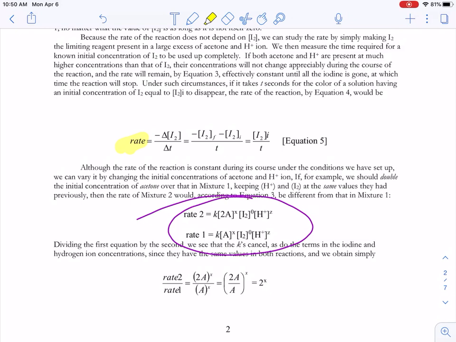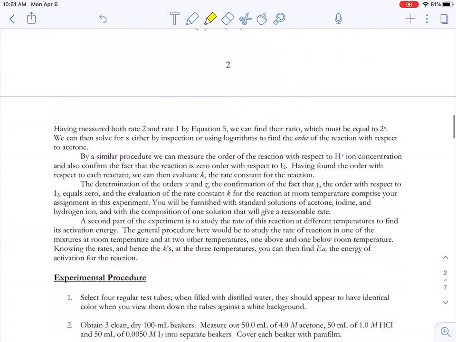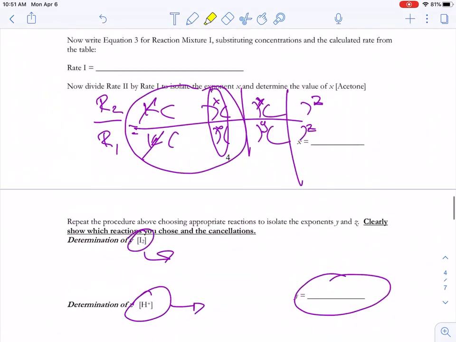So at this point, you're going to know the rate, you're going to know the concentration of the iodine, and then you're going to solve for time. Okay? So based upon that rate and this initial concentration of the iodine, this is how long it should take.